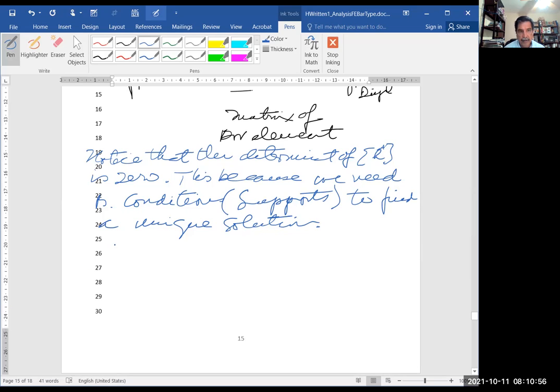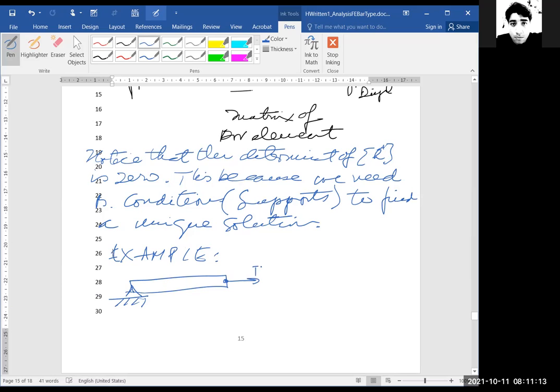Let's find the solution to this problem. Now, of course, this is extremely easy, but let's see what happens.